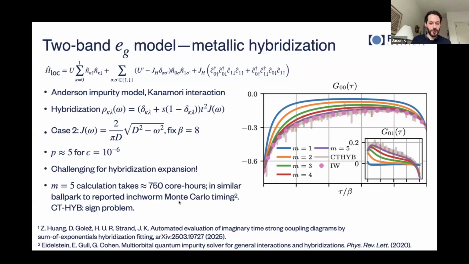From the timing that they reported in the paper, this calculation at 5th order for us took 754 hours, which is quite manageable. And the timing they report is in a similar ballpark. So it's interesting that we can get pretty close to that result with a deterministic method with a fairly similar cost.